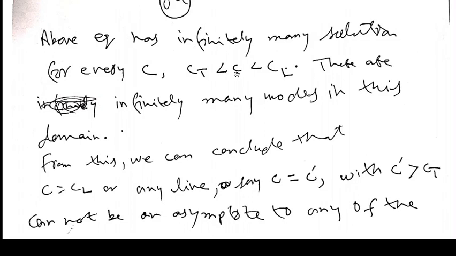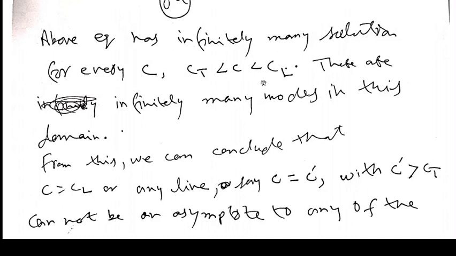If it is so, it means you have made some mistake in the derivation of the dispersion relation, or something is wrong in plotting the dispersion relation if they intersect each other. So they will never intersect each other. So we have infinitely many modes between CT and CL.